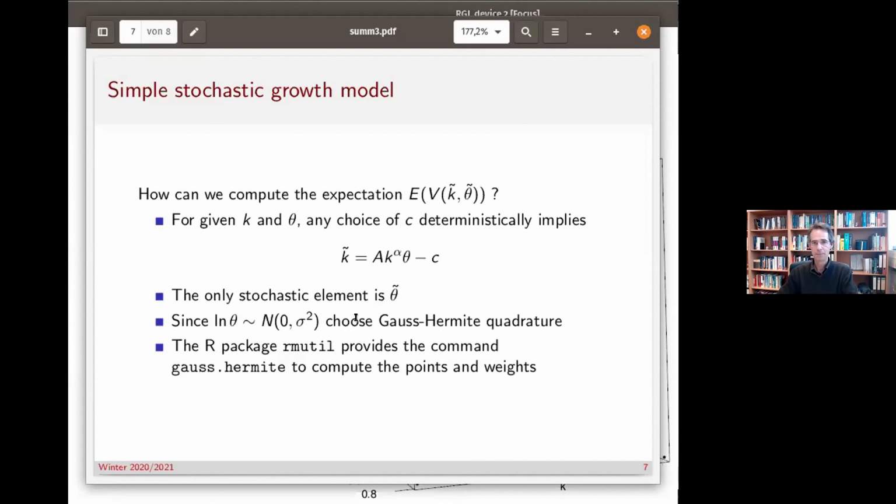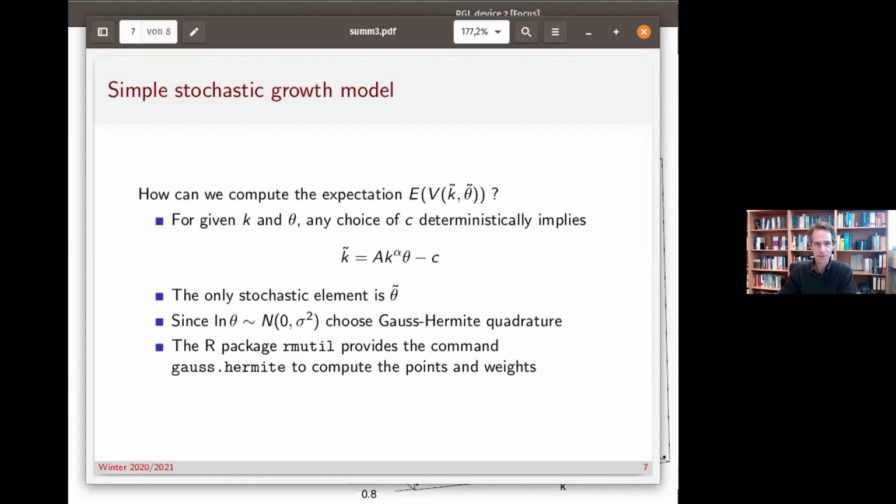And then there's a nice way to compute integrals in a numerical way, which is called the Gauss-Hermite Quadrature method, which is also implemented in R and which allows you to compute the expectation of functions of normal random variables in a very efficient way. So this is the Gauss-Hermite Quadrature.